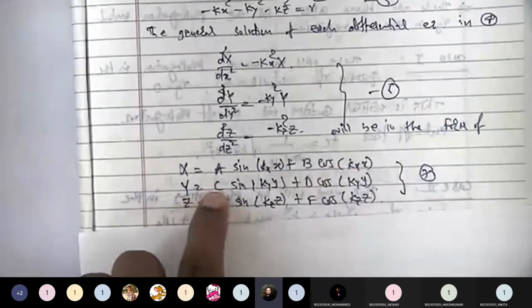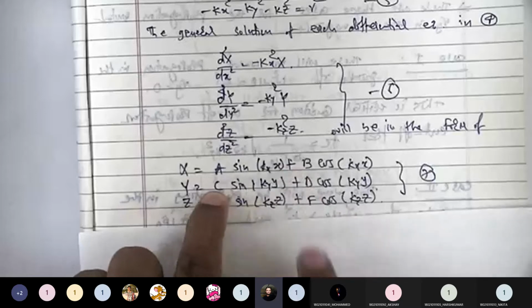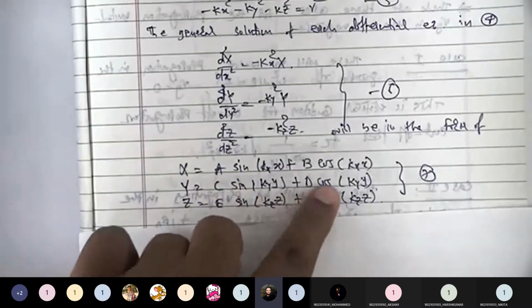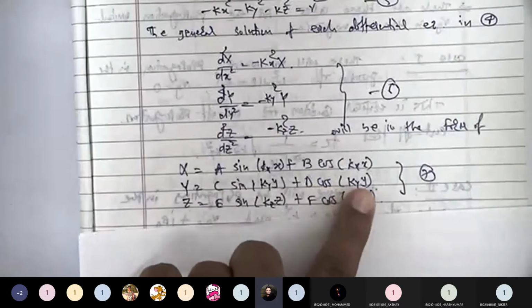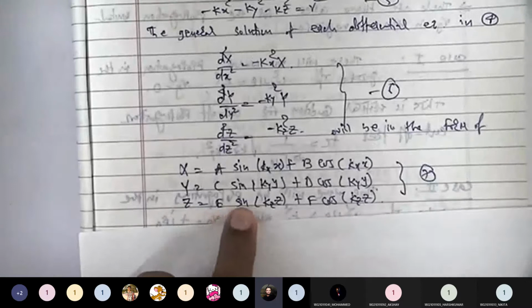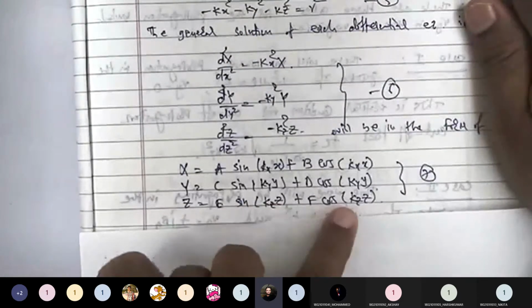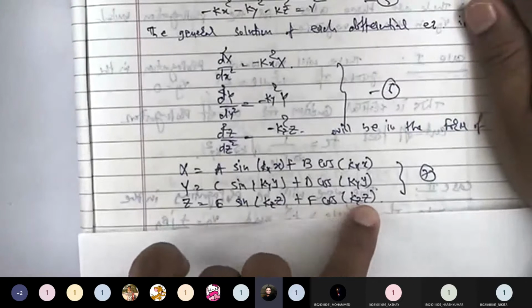Same way y will become, કેમ કે હું હવે નવો વેરિયેબલ યુઝ કરું છું એટલે c યુઝ કરું છું, તો c sin ky into y plus d cos in bracket ky into y. Same way z will be nothing but e, new variable, so e sin kz into z plus f cos in bracket kz into z.